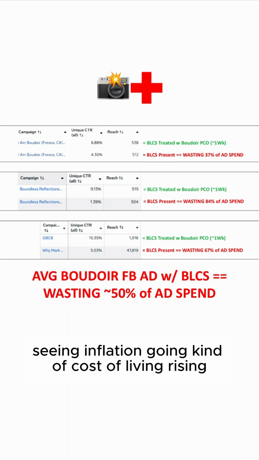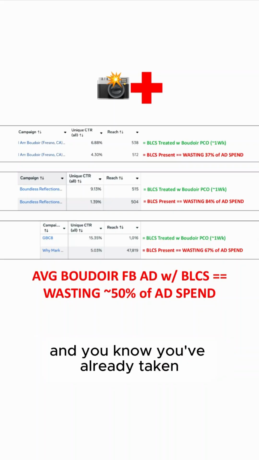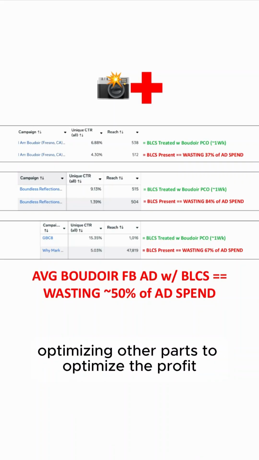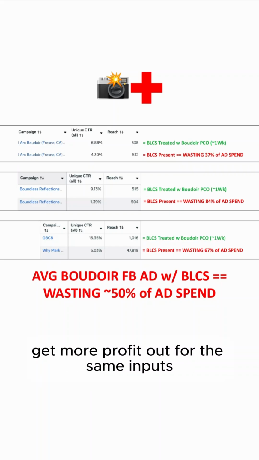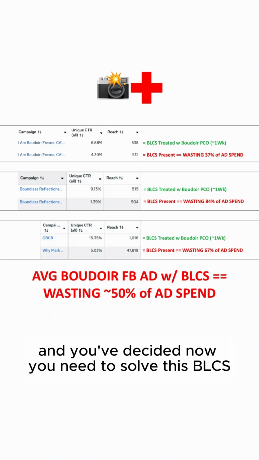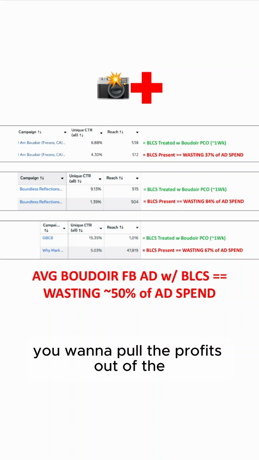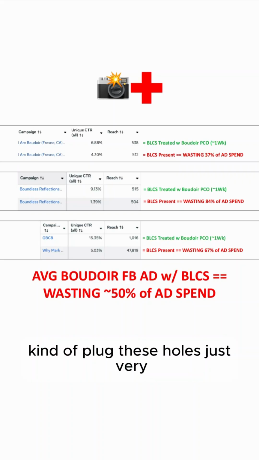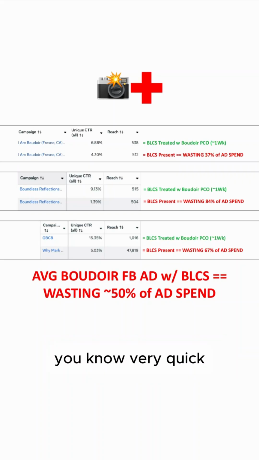And you're also seeing inflation going, cost of living rising, and you've already been optimizing your business, taking profit, optimizing other parts to get more profit out for the same inputs, and you've decided now you need to solve this BLCS, Boudoir low click syndrome. You want to pull the profits out of your Facebook ad part of your business, plug these holes, which is very quick, takes only about a week.